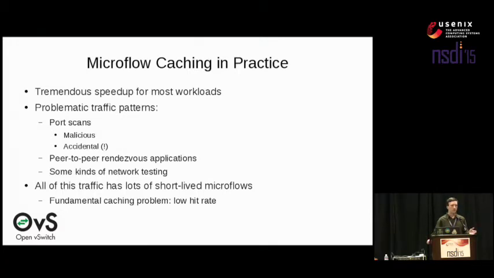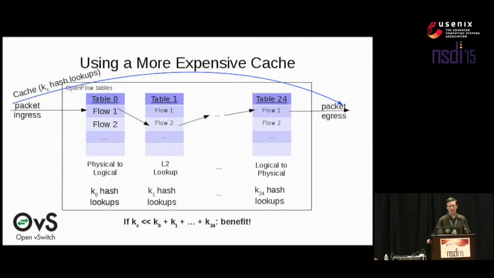So the way we started thinking about that was that being able to change from 100 hash lookups to 1 was great, but if we could instead change from 1 to 2 or to 3, that's still a huge improvement. So we came across the idea of, instead of using a microflow cache, what if we were able to take the cross product of all of our OpenFlow tables, so that you end up with a single flow table that combines the matches that you would have in all of your OpenFlow tables.